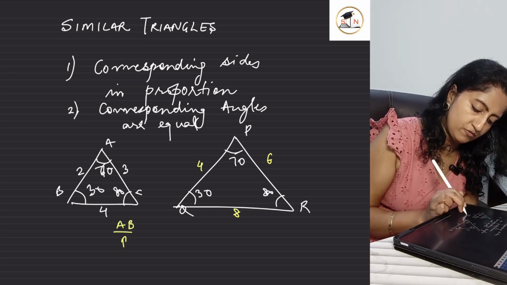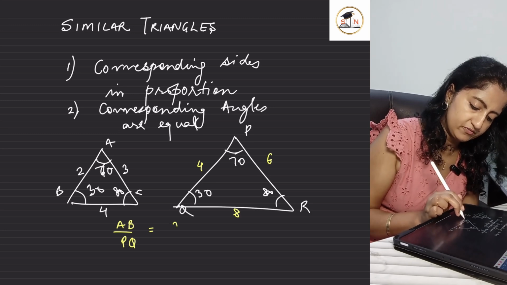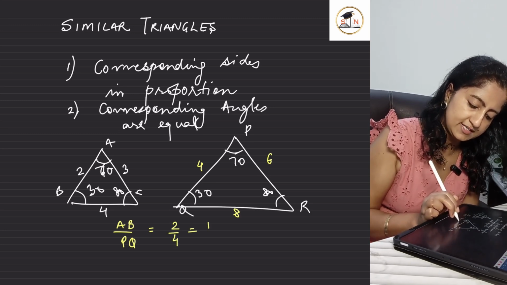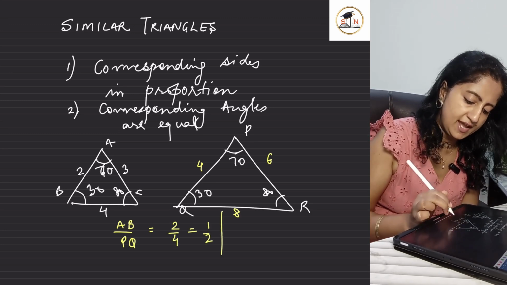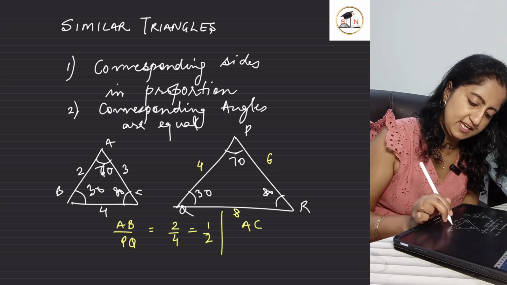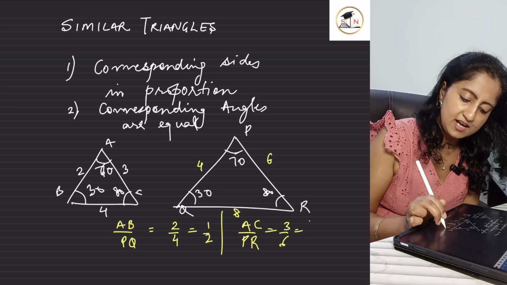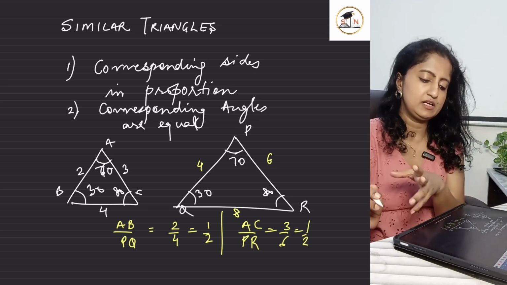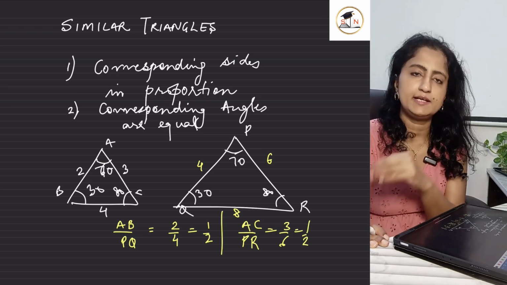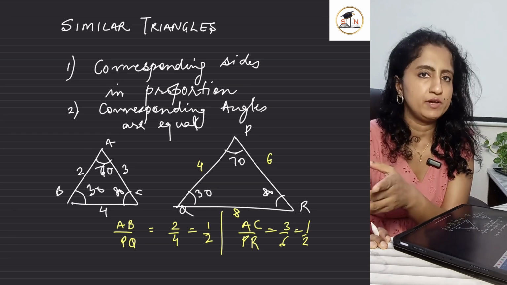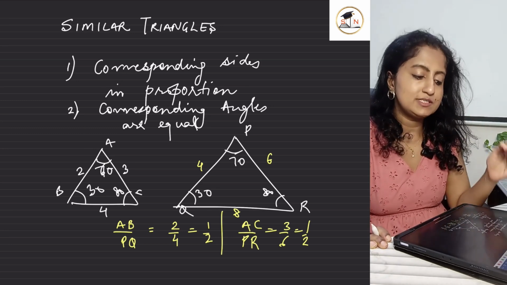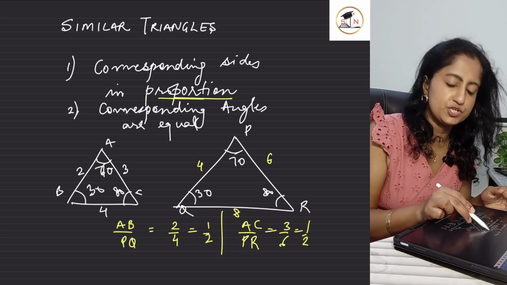If I do AB over PQ, what do I get? 2 over 4, that is half. And if I do AC over PR, I have 3 over 6, again half. And similarly, 4 over 8 for the third side is also 1 by 2, right? That shows that all the sides are in proportion.